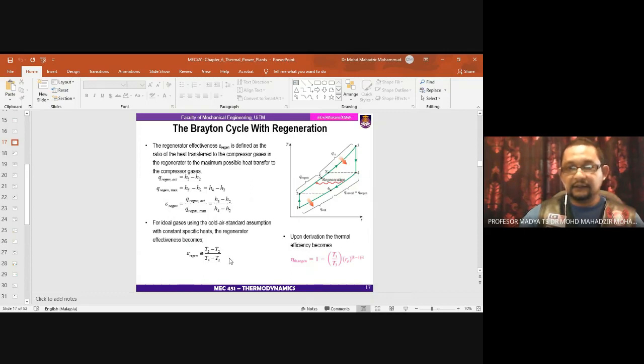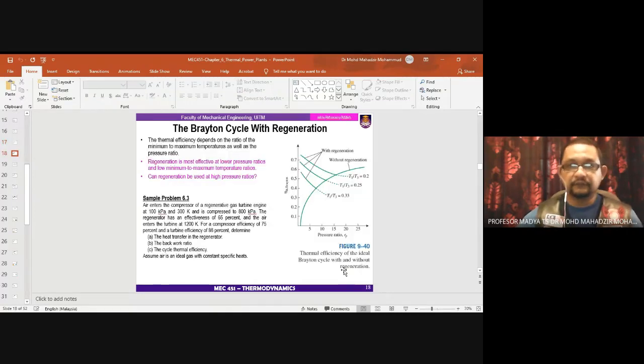Okay, and then from this equation, you can also derive a more complicated equation, and it will become like this. This equation is the same as the one you derived for the Otto cycle. Okay, here we go. Next slide.